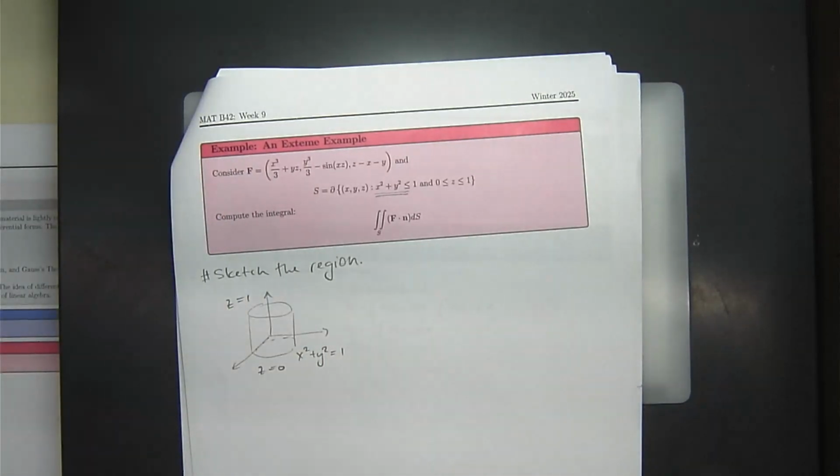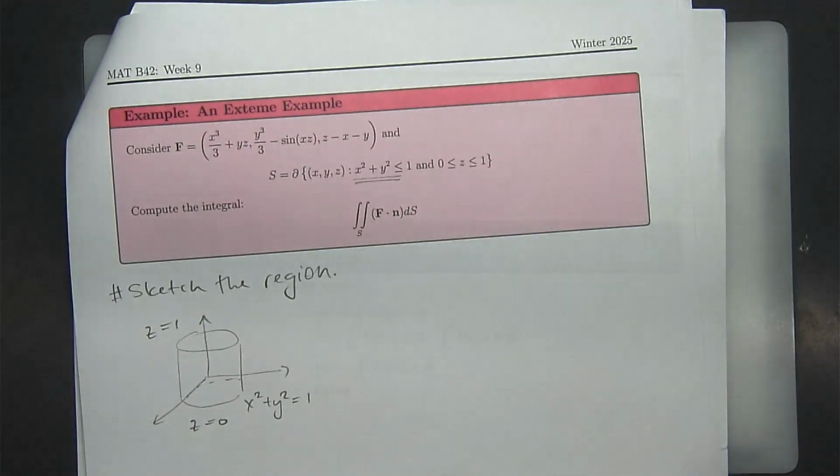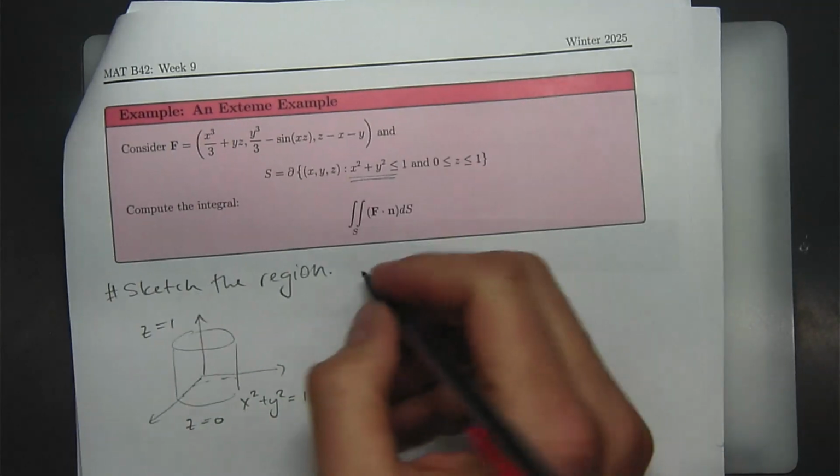So if we wanted to integrate something over the boundary of this, we'd have 3 parts to parameterize, right? The bottom of the cylinder, the side, the top. So what we'll do is we'll use Gauss to push this to the interior.